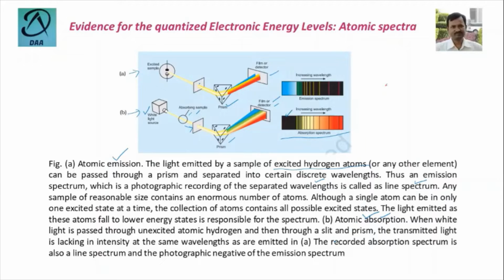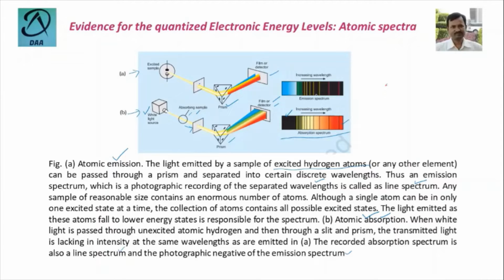And so the recorded emission spectrum is also called the line spectrum, and the absorption spectrum is the photographic negative of the emission line spectrum.